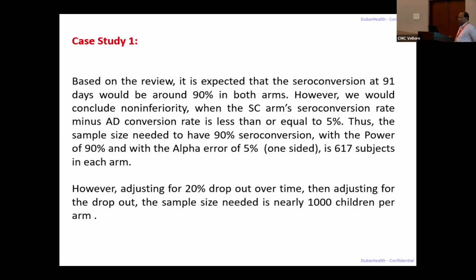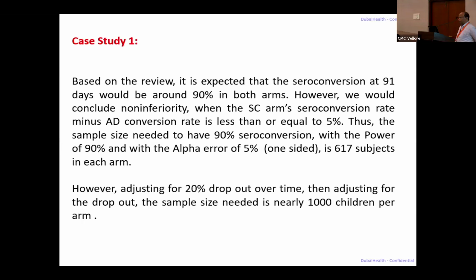What is the sample size needed to have 90% seroconversion? Tell me, first of all, do you have data on the aerosolized form of the vaccine? There's no data. Do you understand? So we have used only 90%, which is already available for the subcutaneous arm.